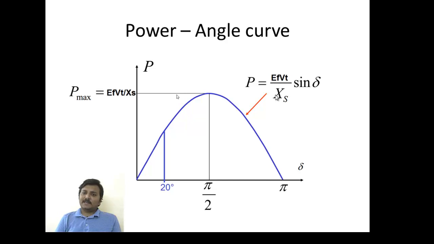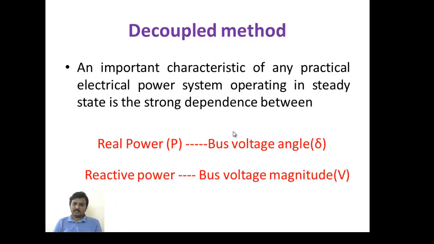Here P max is constant because of the prefixed voltages and the reactance of the transmission line. So your active power depends directly on delta. The dependence on voltage is a very weak relation. That is the first strongest relation, between real power and delta. When delta varies, P varies.